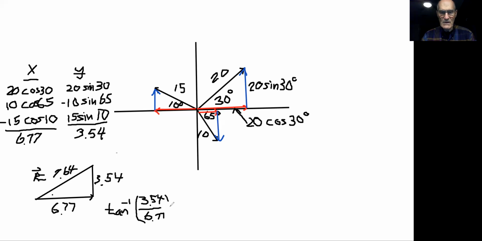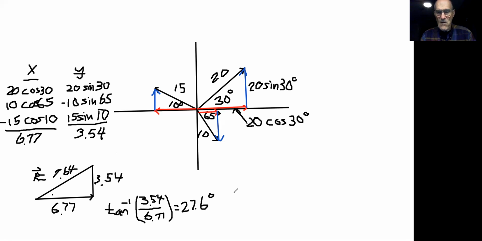If I put this in my calculator, second tangent, 3.54 divided by 6.77, I get an answer of 27.6 degrees. So this is 27.6 degrees.